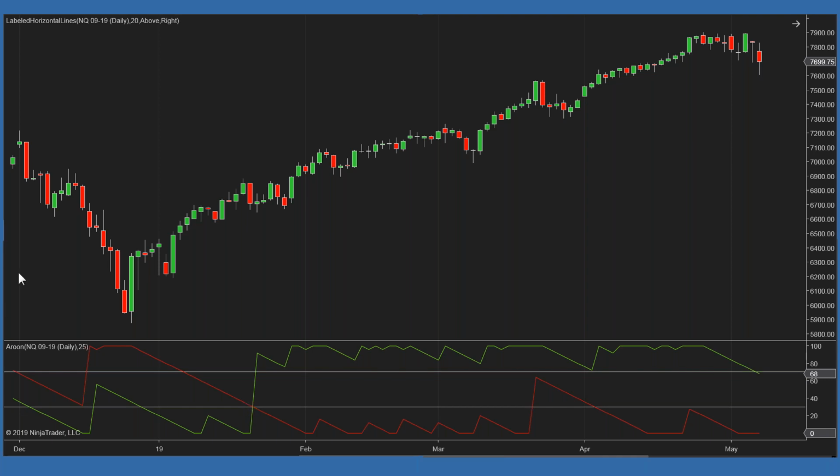But they'll look at when the indicator gets into that above 70 zone. And in this case, it looks like we crossed over somewhere right about here. When the Aroon indicator crosses above that 70 level, in this case the green line crosses over, that is an indication that a bullish trend is developing.